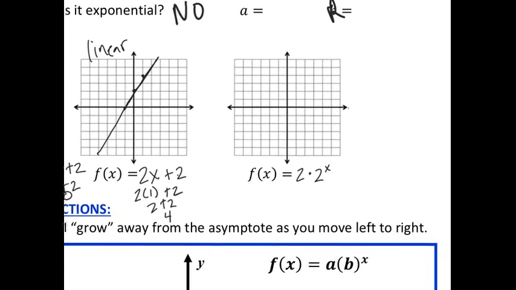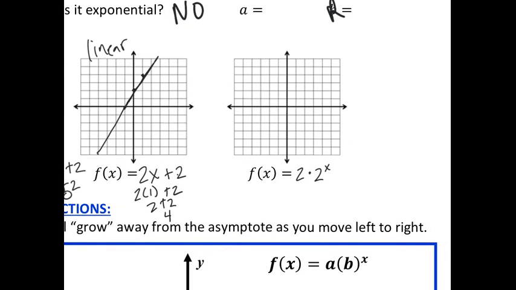Now let's look at how it varies with our exponential. I'm going to use the same values I used on the linear function. 2 to the first power is just 2, and then 2 times 2 is equal to 4. So when x is 1, y is 4.